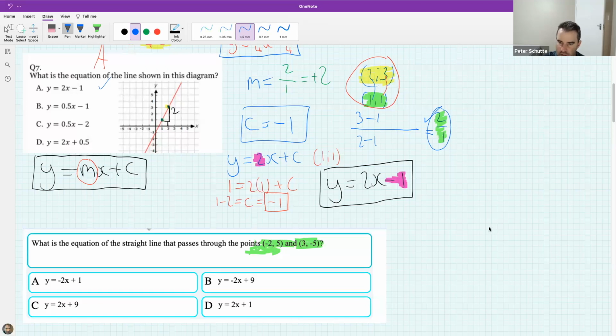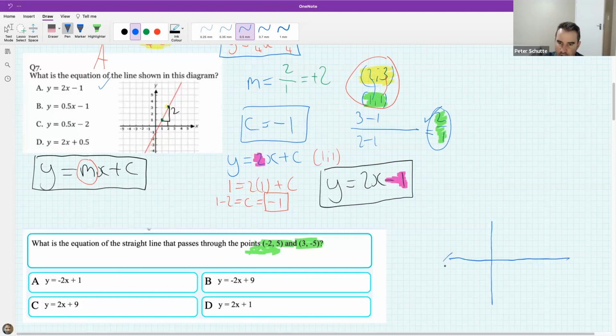I'm going to draw them just to help you visualize what's going on. If you are lost, my suggestion is start by finding the gradient between these 2 points. There is no picture this time, but you can still work out the gradient using this formula. So let's all start by working out the gradient and then popping it in the chat.